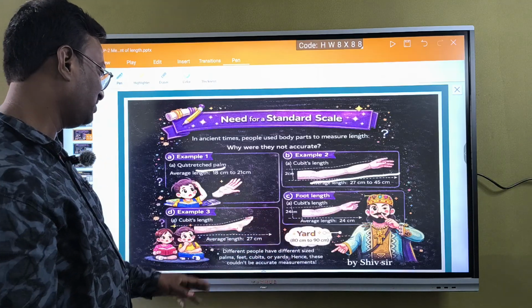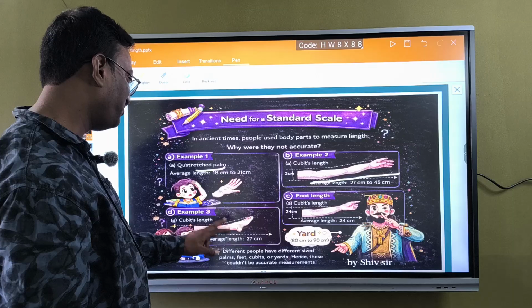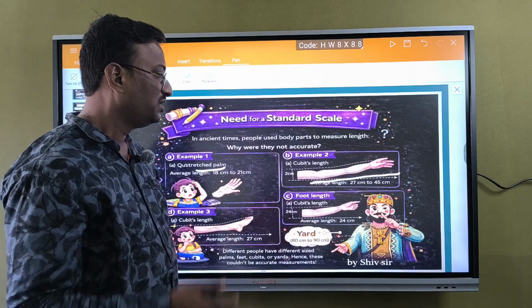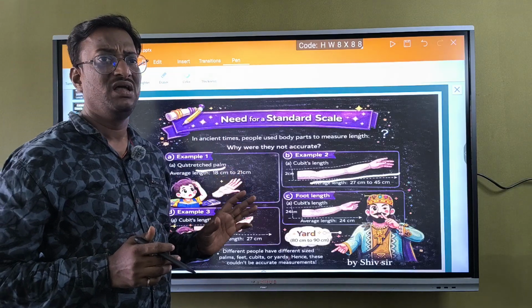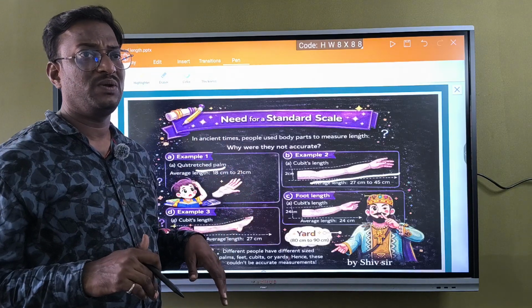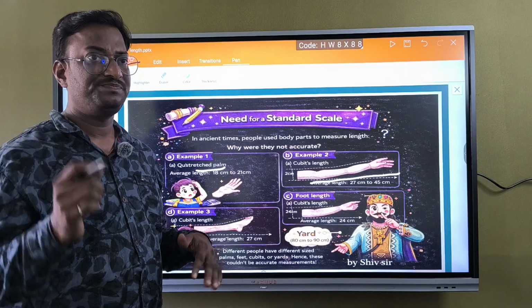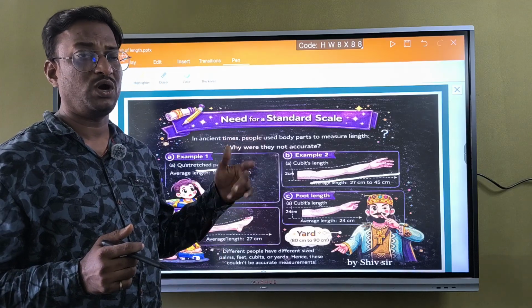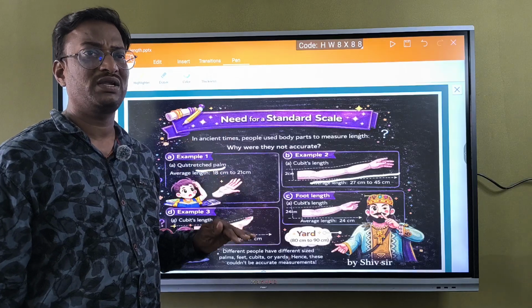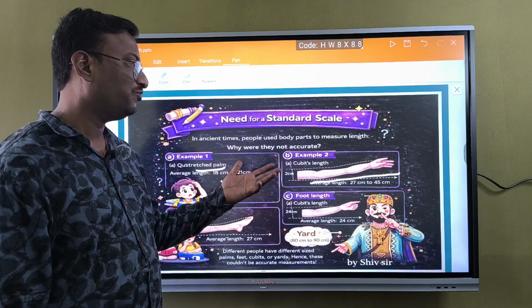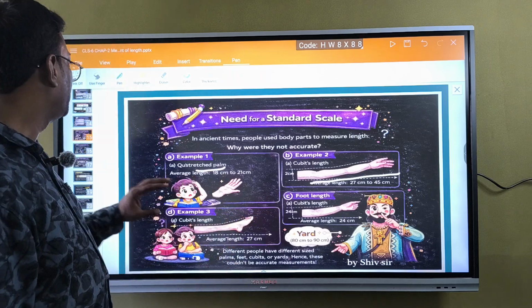The cubit length is also different for different people. Yard as well. Here we are not going to get accuracy in reading, because grown up children will have greater length and small kids will have smaller length, so we cannot get accuracy in this reading.